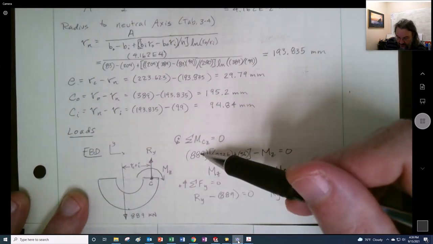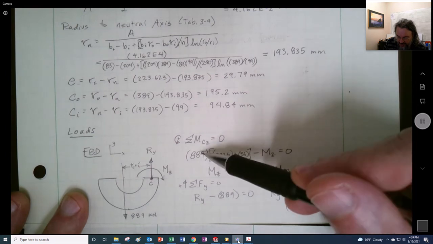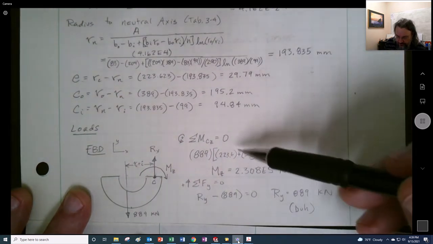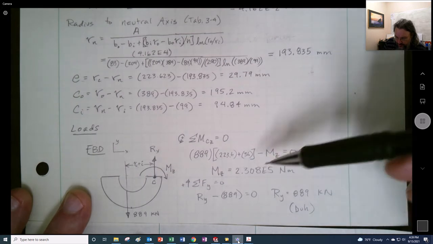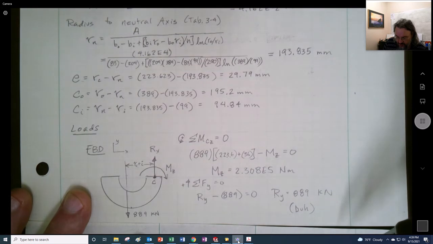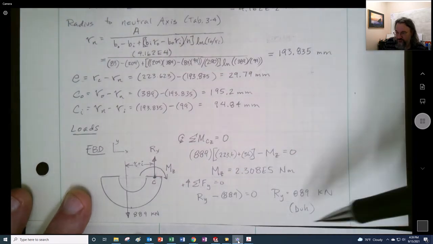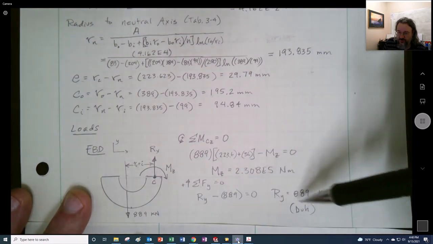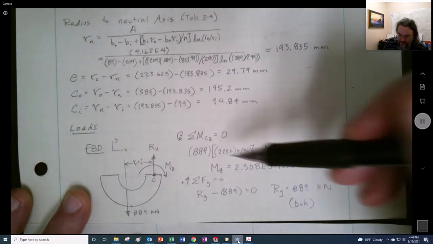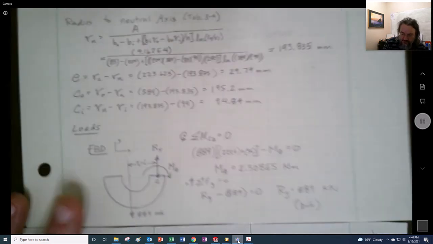So if we take that force that we have on there, and these are kilonewtons and these are millimeters, so the kilo kills the milli, so we're fine with units. And I end up with some large 230,000 Newton meters. I also, just for the sake of completeness, put in what that reaction is. So this one's going to cause an axial load, and this is going to cause a bending load.